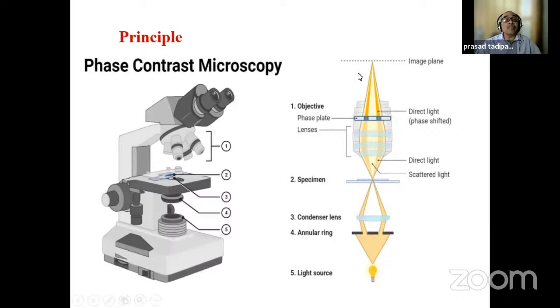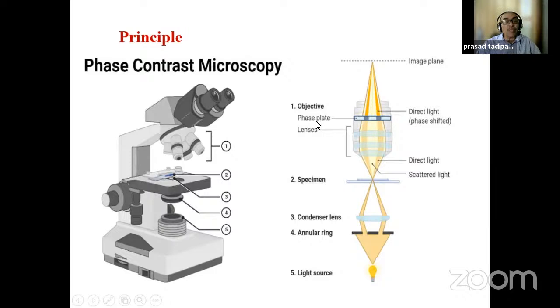Here is the image plane, and here you have the direct light, and the other light is passing through the specimen. Both have constructive and destructive interference, and from this you can get the contrast. From that, you can distinguish within the cells of a transparent specimen, and we can image the cells.